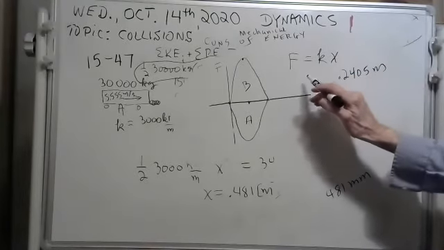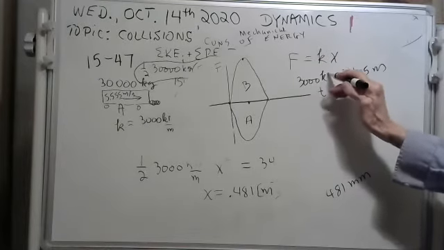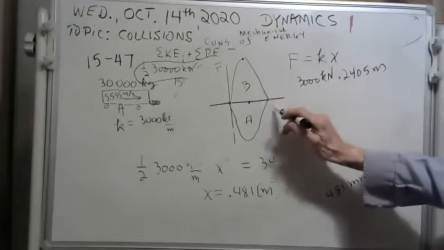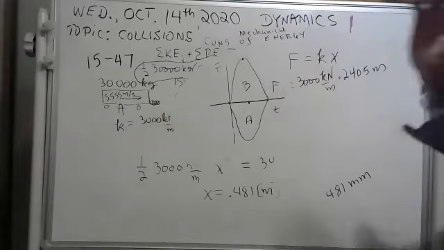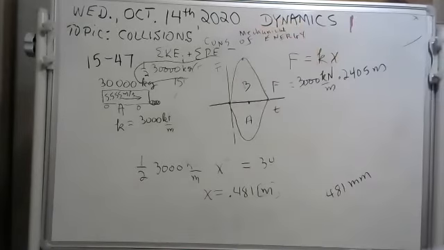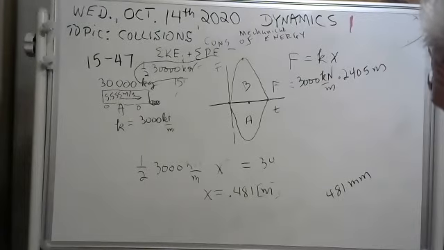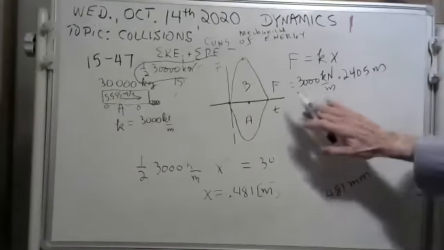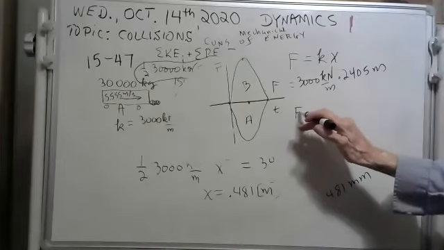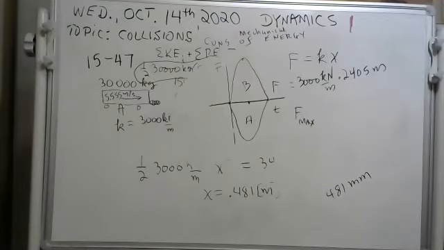And we know what the K is. The K is 3,000 kilonewtons per meter. You could find what that force is, the maximum force between the boxcar and the tank car. Just for fun, I'll give you 30 seconds. Go ahead, and find what that maximum force would be at the height of the collision.